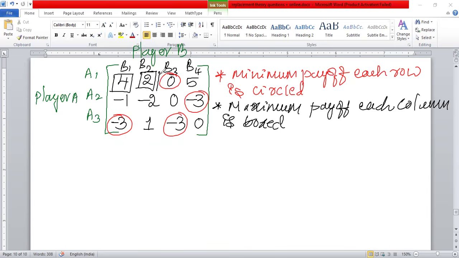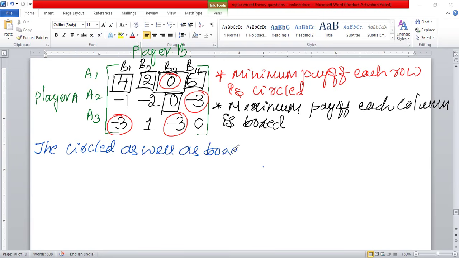Here the maximum is 0, and here also 0, 2 times. And here there is a 5. Okay. So the circle as well as boxed.